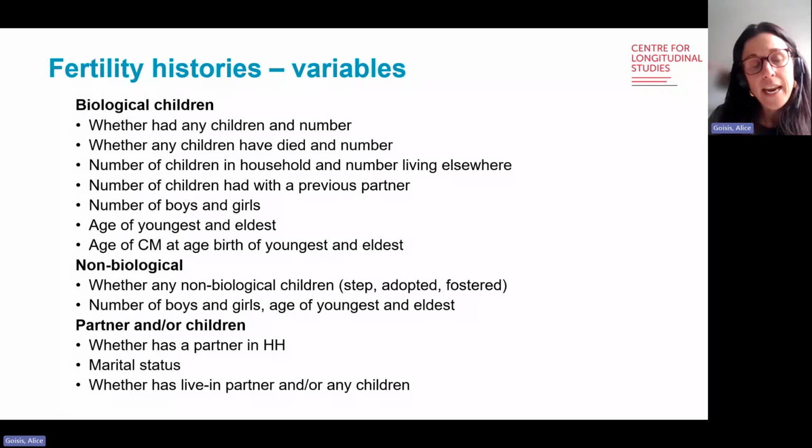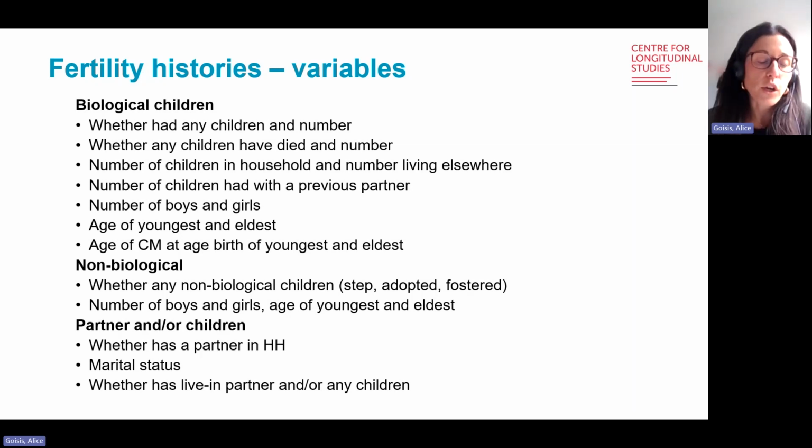We are also creating variables for non-biological children. So whether there is any non-biological child in the household, and by non-biological child we mean step, adopted, or fostered, the number of boys and girls, and the age of the youngest and age of the eldest.